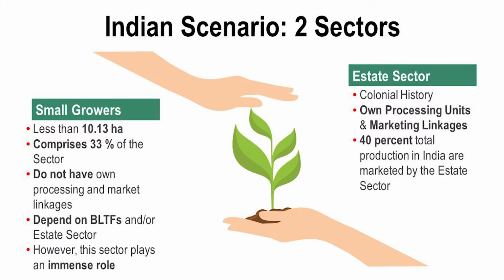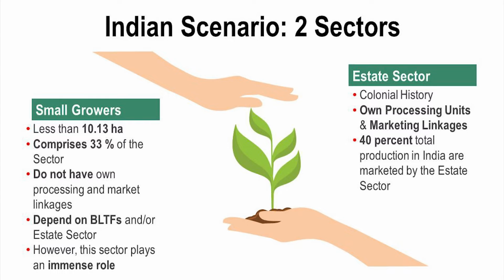However, even if they have some constraints, they have played a very important role in the tea sector as a whole. And if we look at the role of the sector, we see that it is the most vibrant sector at present.